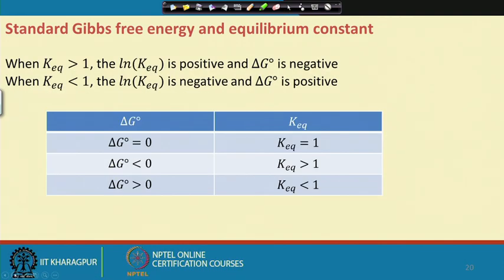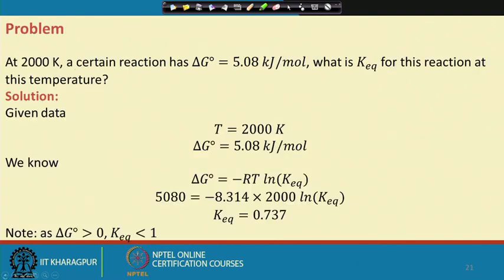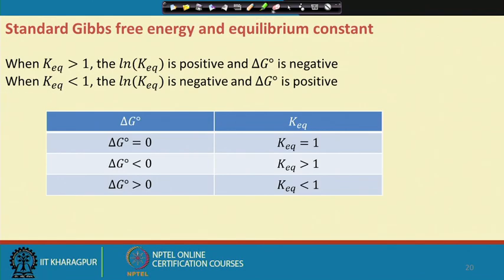Now, the very interesting thing is that if the equilibrium constant K is greater than 1, then ln K is positive and del G is negative. If K is less than 1, then ln K is negative and del G will be positive.